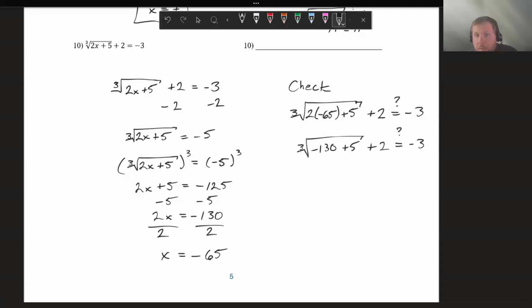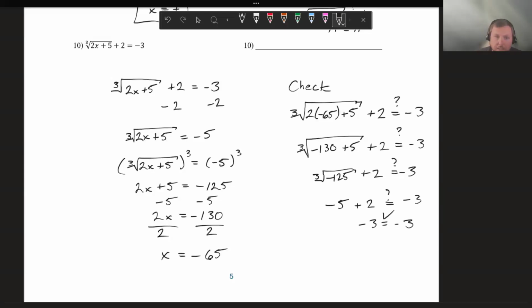Is this equal to negative 3? Now I have the cube root of negative 125, which gives me negative 5. So negative 5 plus 2 gives me negative 3. So we can see that this is good to go. My final answer for this is negative 65.